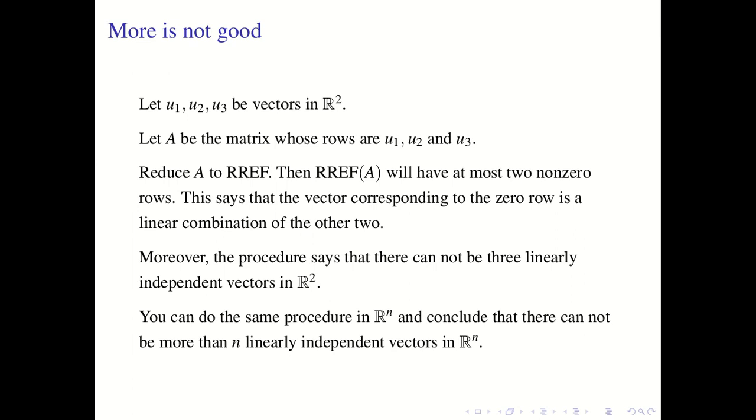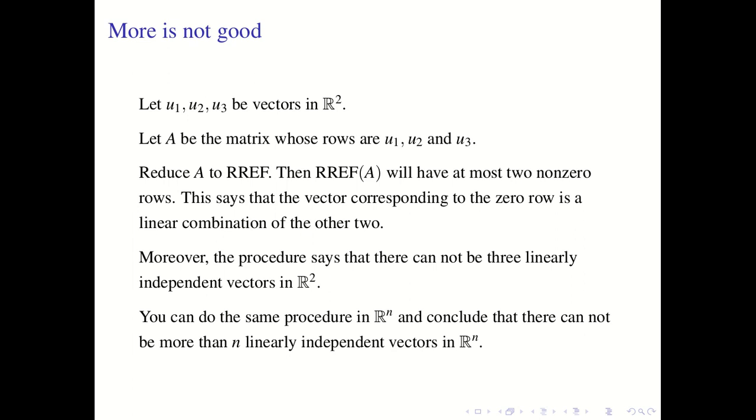The same procedure you can apply to any n plus 1 vectors in Rn, or any number of vectors which are more than n in Rn, and conclude that there cannot be more than n linearly independent vectors in Rn.